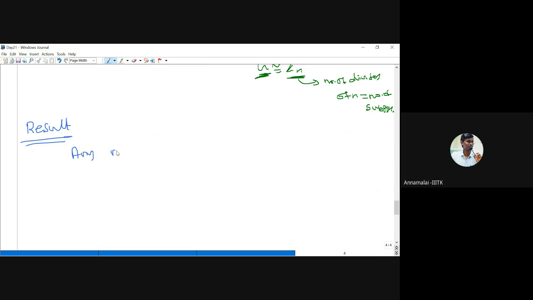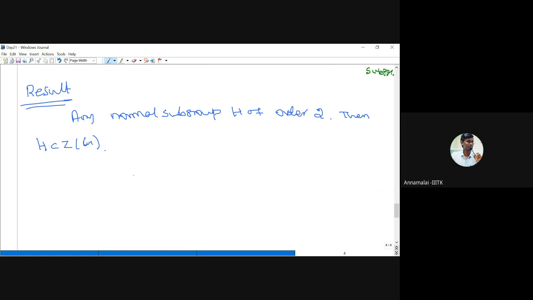Any normal subgroup H of order 2: suppose you have a normal subgroup whose order is 2, then H should be contained in Z of G. Then H is a subset of the center of the group. If you take any normal subgroup of a group of order 2, it's very important, order 2, then H should be a subgroup of Z of G. That is, H is a subset of Z of G.